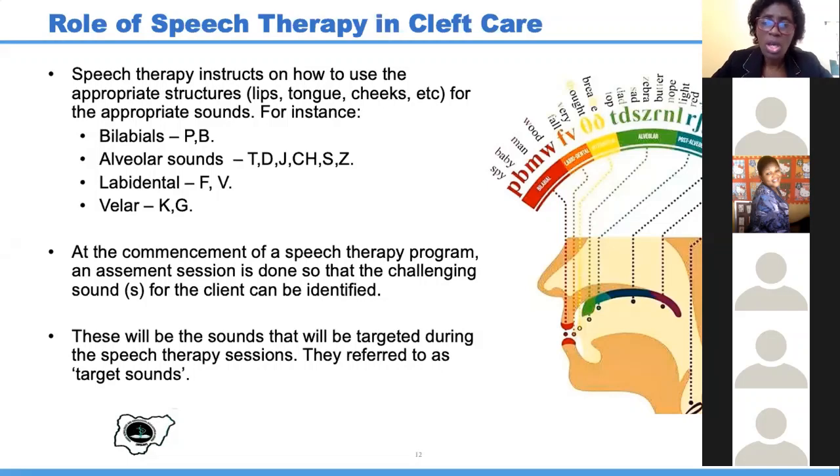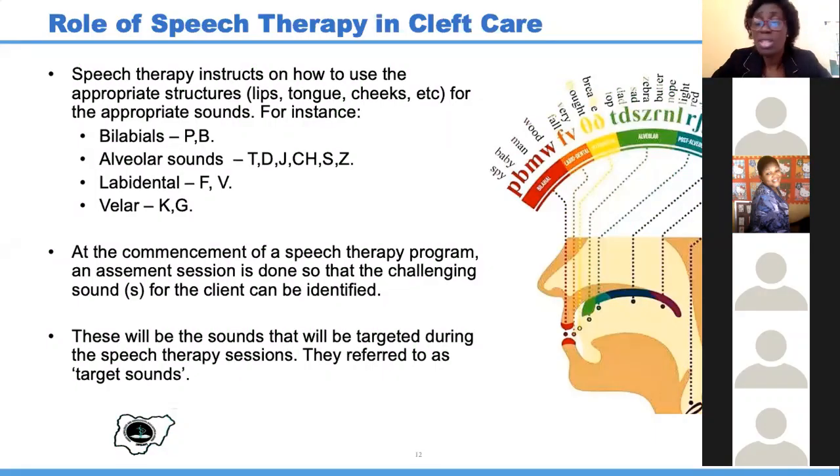But first, we should know that before the commencement of the speech therapy, the sounds that an individual cannot make will need to be identified. These are the sounds that we call target sounds, because not all individuals may be able to make some target sounds while they may not be able to make others.